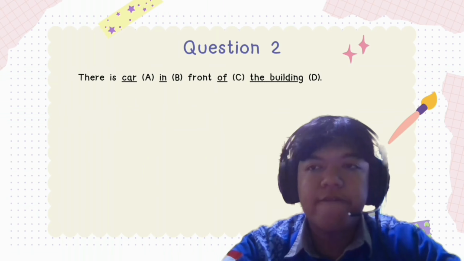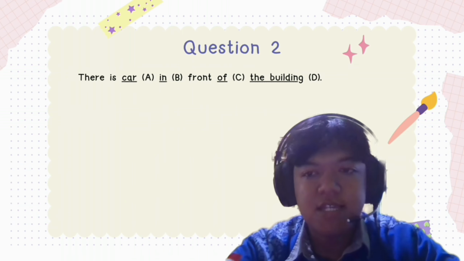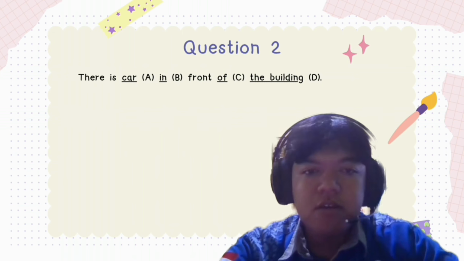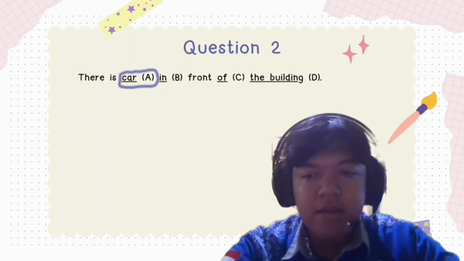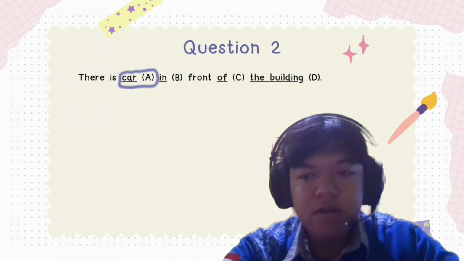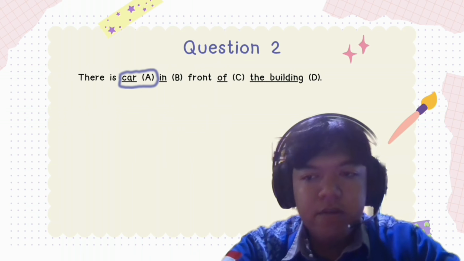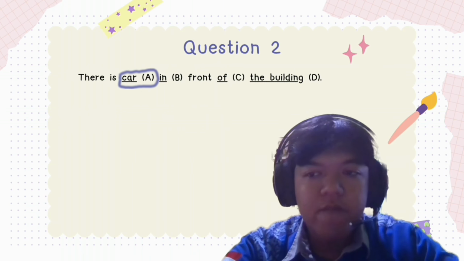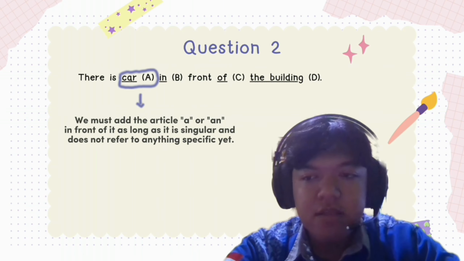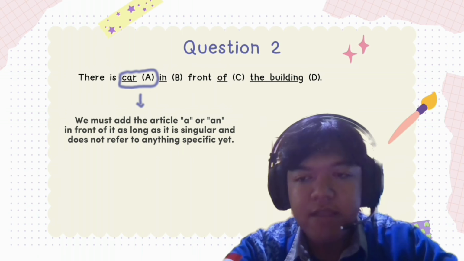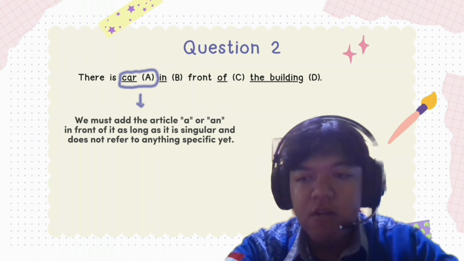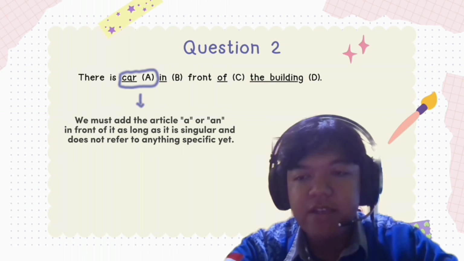And next, we have the second question, where we need to recognize the error in these sentences. So, the correct answer for this sentence is A, car. Why? Because remember, when referring to a countable noun, we need to add the article a or an in front of it, as long as it's singular and does not refer to anything specific yet.